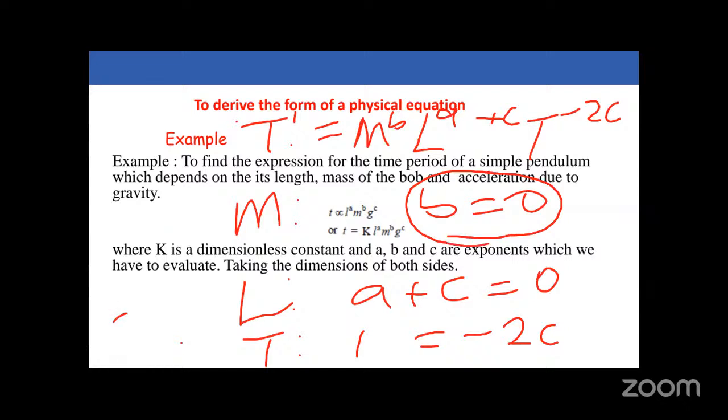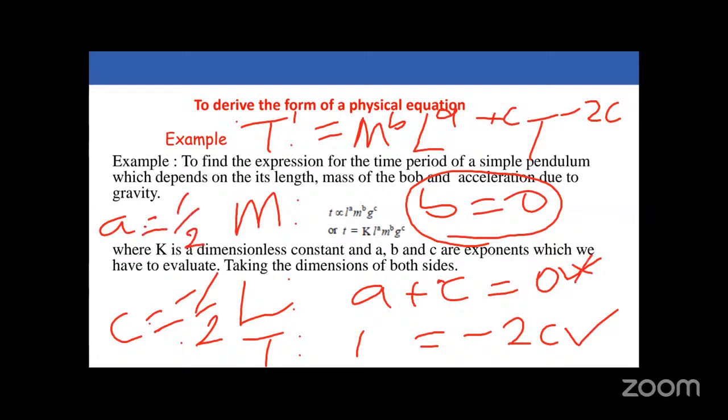C will be equal to minus 1 over 2. That is from this. So if C is equal to minus 1 over 2, then we substitute C as minus 1 over 2. If we do that, it implies that A will be equal to 1 over 2.